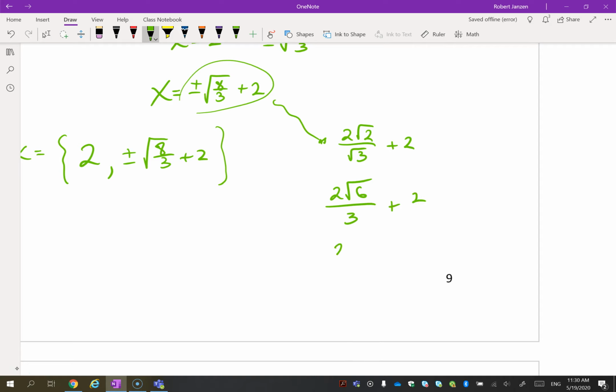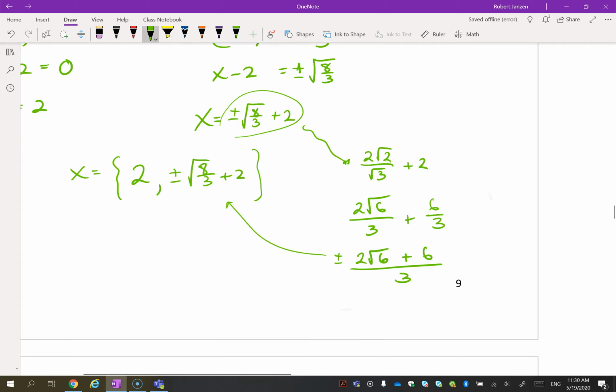And then it's going to say, let's put that all over 3. So instead of a 2 there, it's going to say 6/3. So that's the answer it would give you, and that would be plus or minus. Okay? So that's great practice for simplifying a radical.